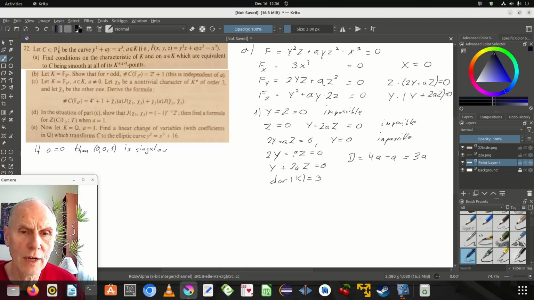Then these two are equivalent, and we do have a solution. So let it be given z, y equals minus 2az, and let's put that into the equation.